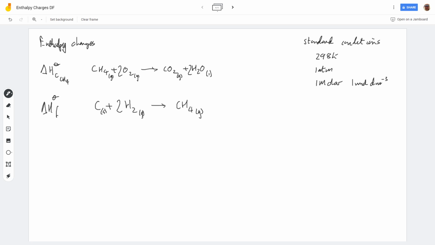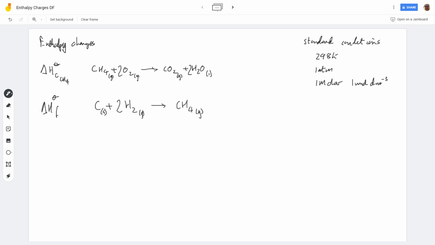So in this case, carbon is a solid at its standard condition, it's graphite to be precise. Hydrogen is a gas, and methane we're producing as a gas. So you have all the elements joining together to make 1 molecule of whatever it is you're making, in this case methane. Okay, so that's standard enthalpy change of formation.